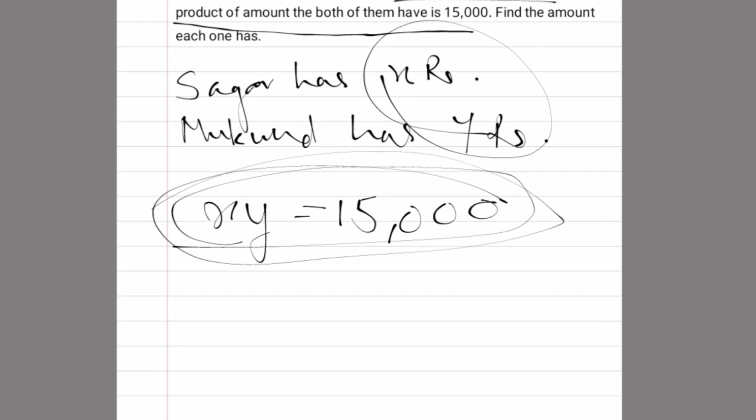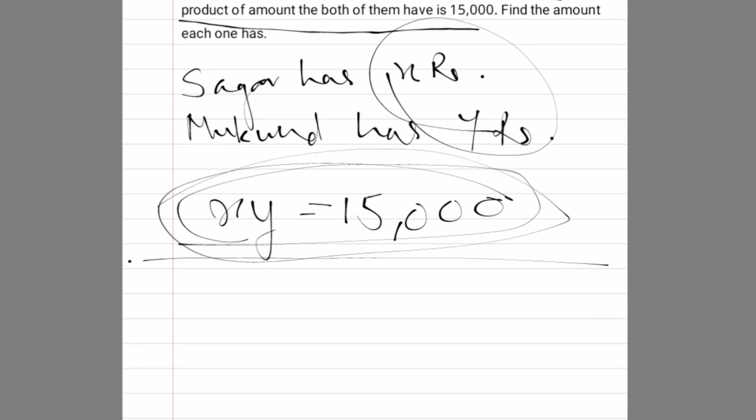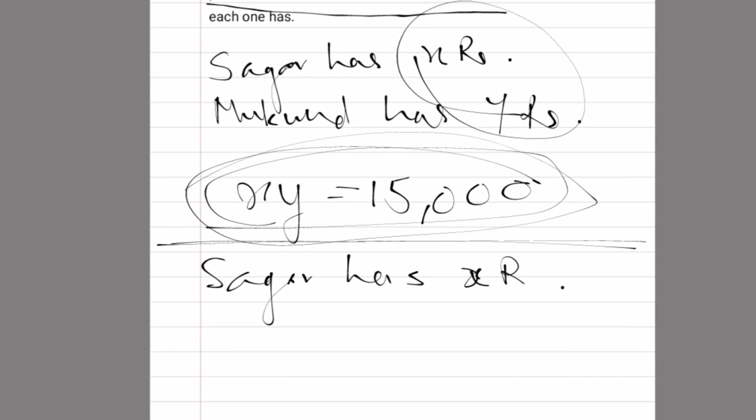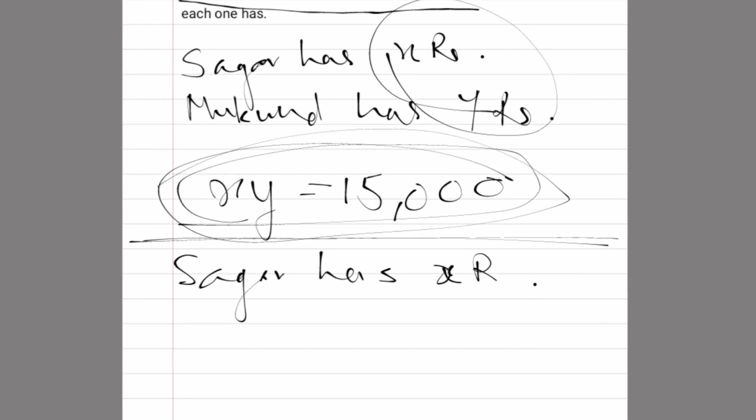So let's see. Now we are starting with the quadratic equations, right? For that I will say that Sagar has x rupees. Then what they have given is Mukund possesses rupees 50 more than what Sagar possesses. मतलब मुकुंद के पास 50 रुपीज़ ज़्यादा है सागर से, right?